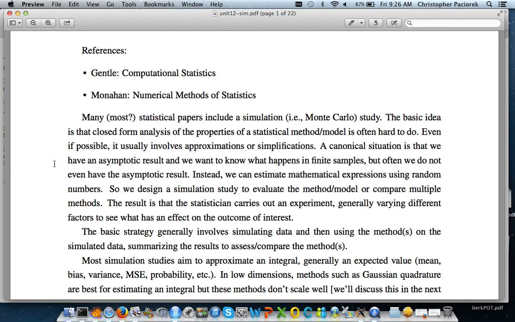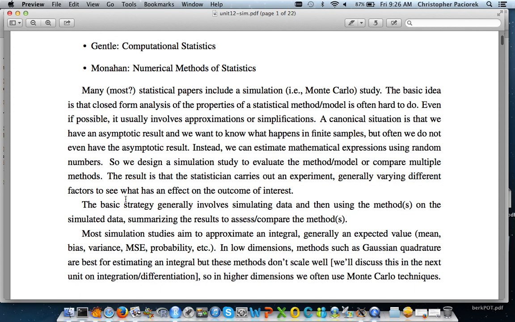But what we are going to do is talk in some detail about the Monte Carlo method for computing integrals and therefore for doing simulations. We're going to talk about how we generate random numbers on a computer and how we make sure we're doing a good job of generating random numbers on a computer. And we're also going to talk about some methods for simulating values from distributions that are hard to simulate from. So those are some of the basic things we're going to talk about in this unit.